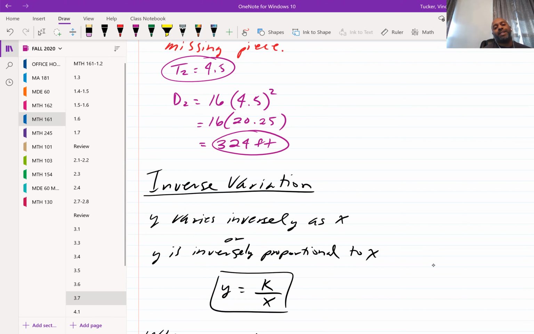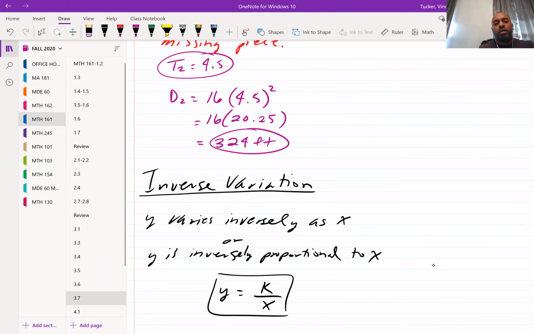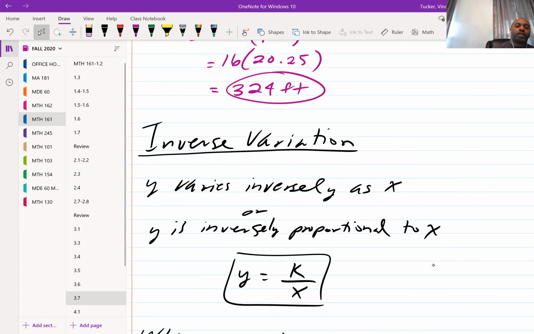So y varies inversely as x, or is inversely proportional to x, is going to be y equal to k over x. All right.